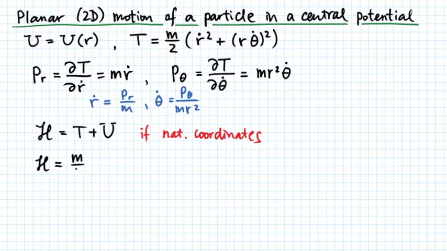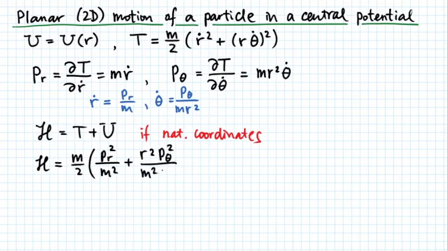as m over 2 times the radial component of momentum divided by m, squared, as velocity, then radius squared times p theta squared divided by m squared r to the power 4.